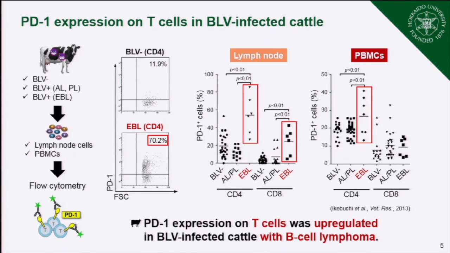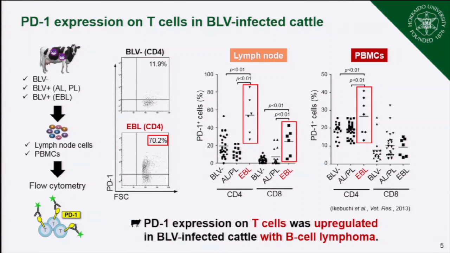We collected lymph node cells and PBMCs from blood, and analyzed PD-1 expression by flow cytometry. As you can see here, CD4 positive T cells from BLV uninfected cattle show few PD-1 positive populations, but you can see so many PD-1 positive cells among CD4 positive T cells of the lymphoma animal.